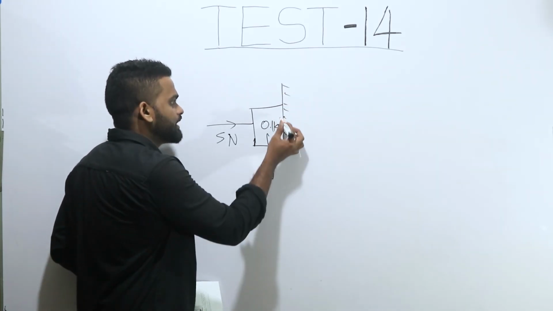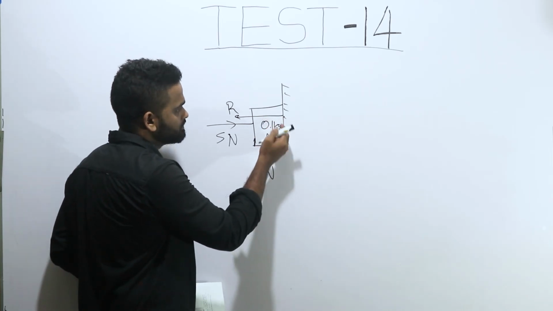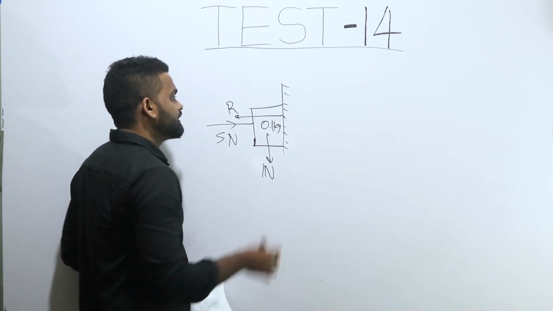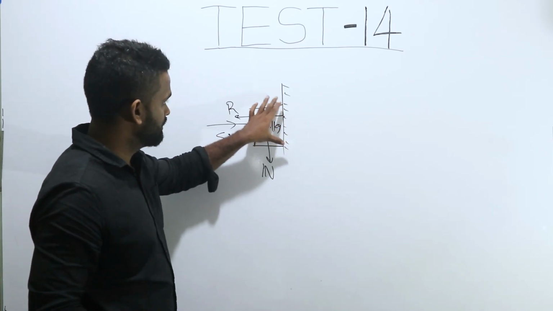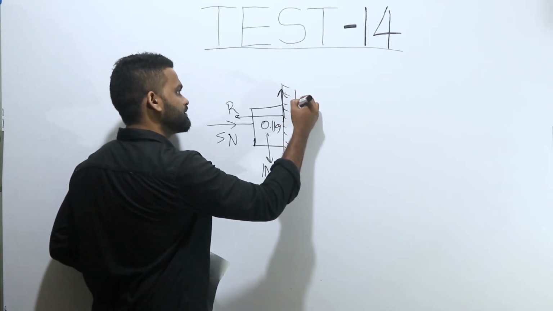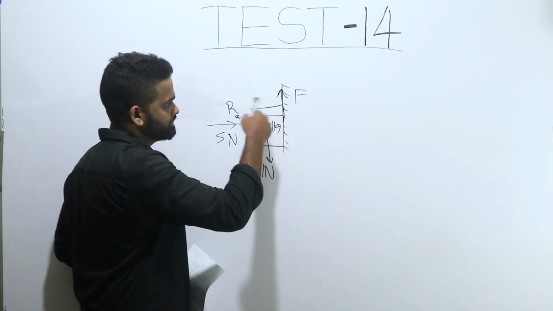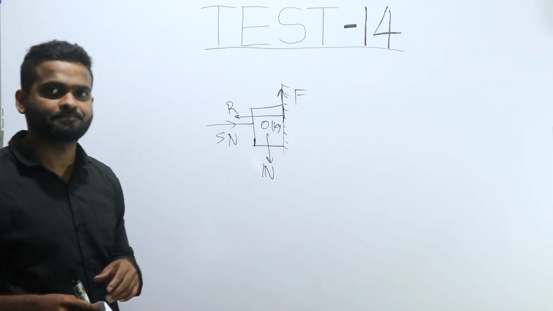There's a normal reaction force, capital R, acting on this one. If this is a rough surface, there's a friction acting upwards on this object. So these are all the forces acting here.